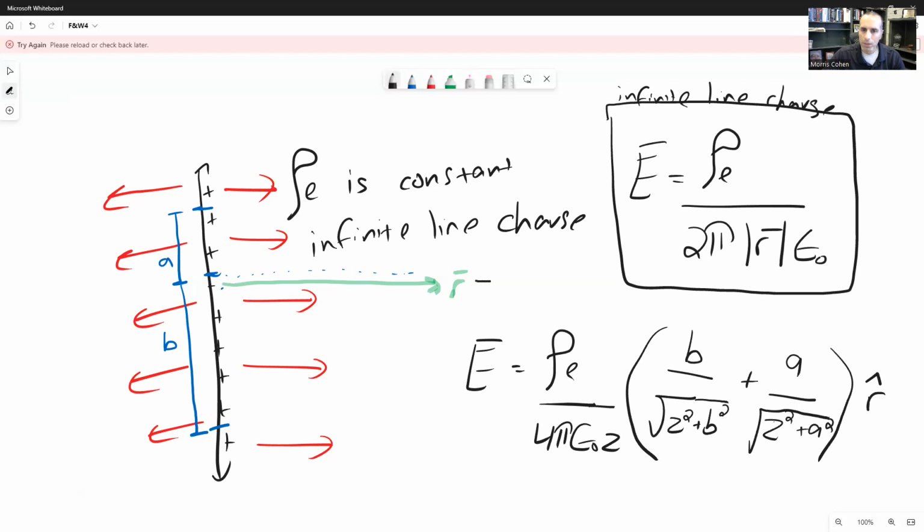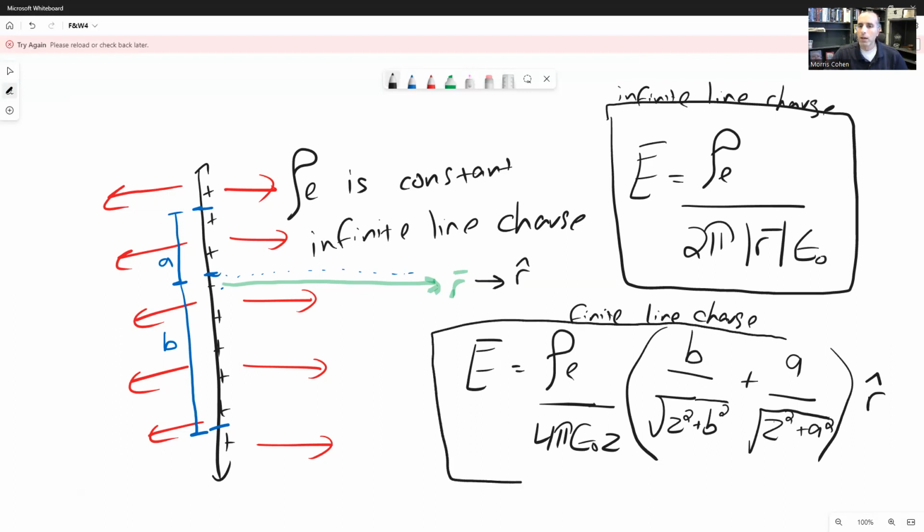R hat is a unit vector pointed away from the line. So the finite line of charges will fit this equation, and you can figure out what this is for any location within the interior of the line segment and off to the side.